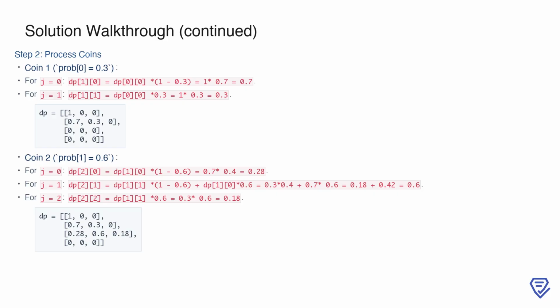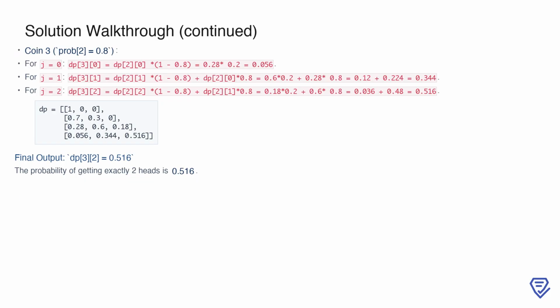For 1 head, dp[2][1] equals dp[1][1] * (1 - 0.6) plus dp[1][0] * 0.6, which computes to 0.3 * 0.4 plus 0.7 times 0.6 is equal to 0.18 plus 0.42 equals 0.6. For 2 heads, dp[2][2] equals dp[1][1] * 0.6, which equals 0.3 * 0.6 equals 0.18. The table updates accordingly.